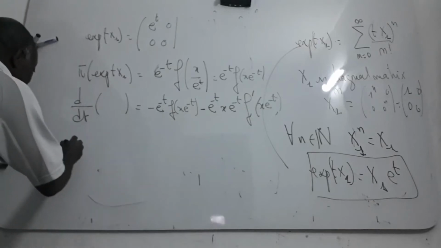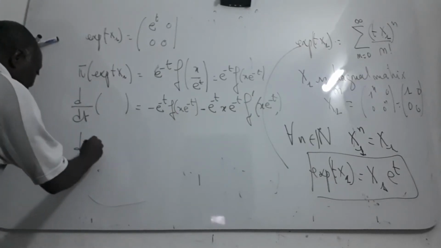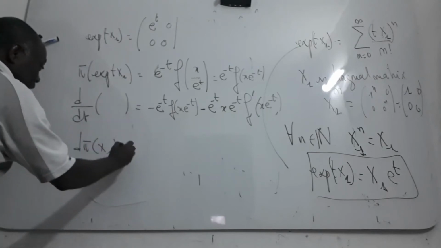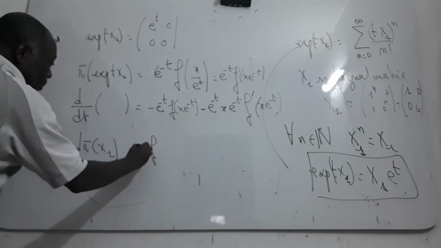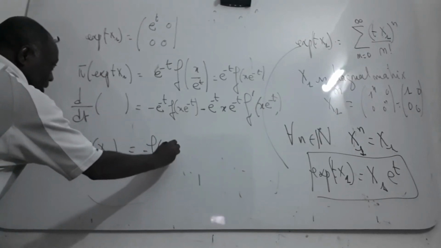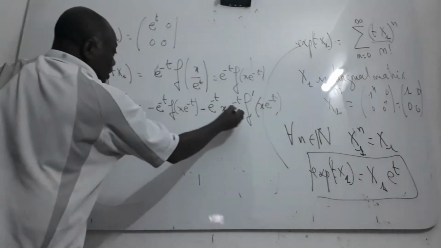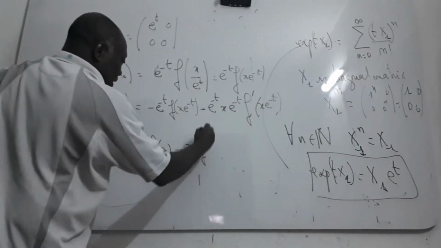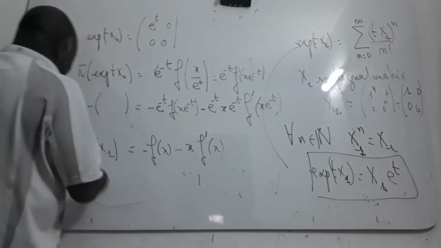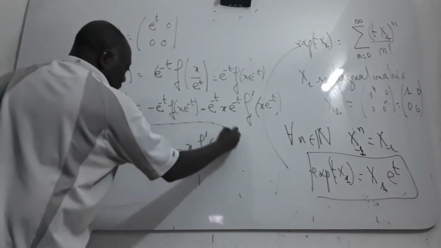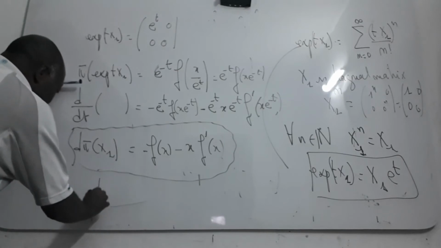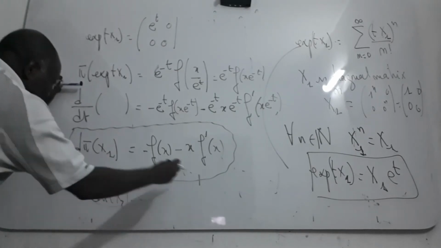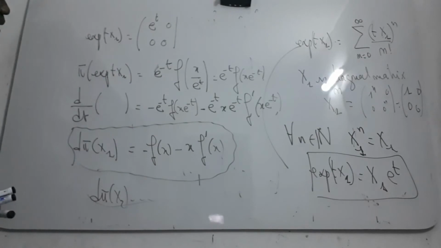When we compute now our d pi of x1, at t equal to 0, you have just f minus f of x, minus also 0, 0 minus x f prime of x. So you can use this form to compute also d pi of x2, and you get this kind of representation.